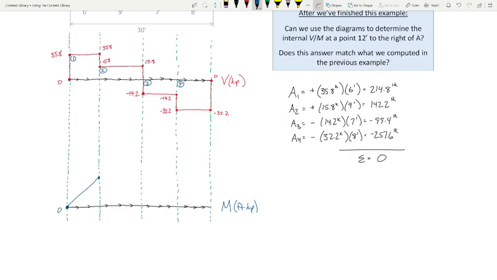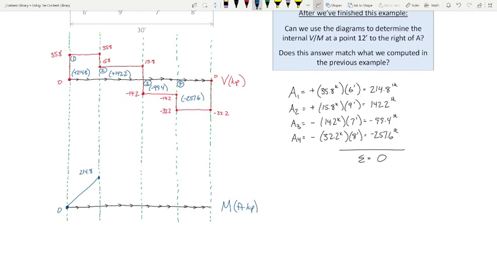In fact, maybe what I ought to do is put these areas here, just so we have them there. So we go up to 214.8.